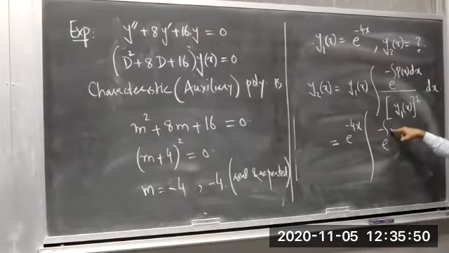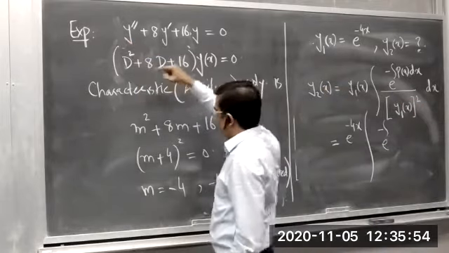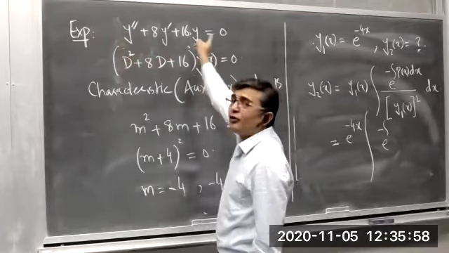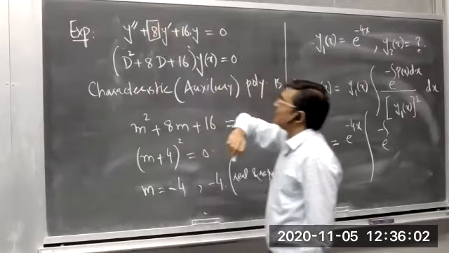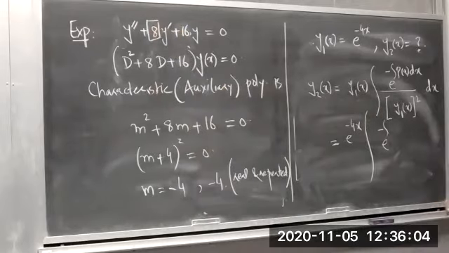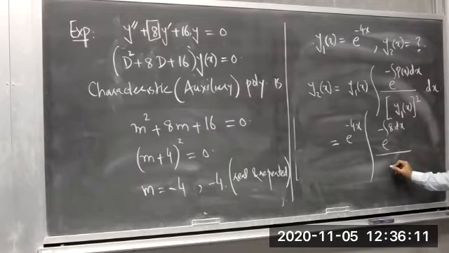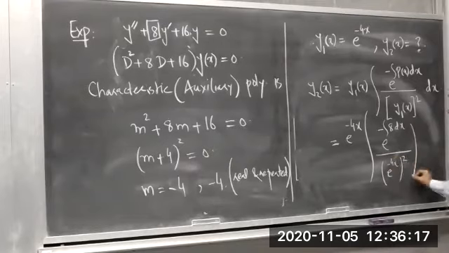Now, what is p of x here? If we convert this differential equation into standard form, then p of x is basically the coefficient of y dash. So we have 8 dx divided by y1 squared. y1 is e raised to the power minus 4x, squared. Then this whole thing will be integrated.